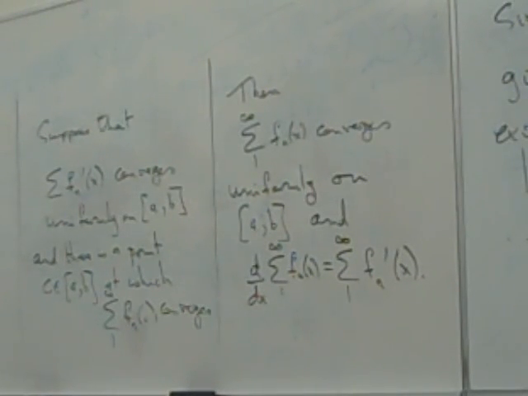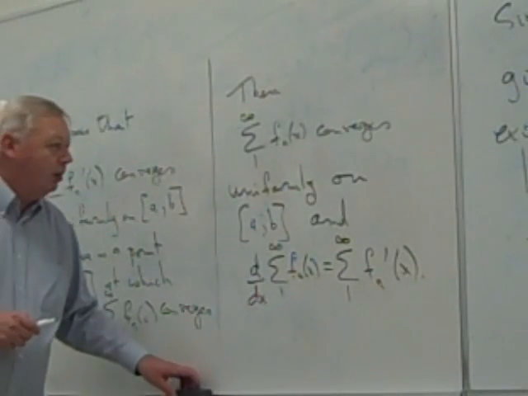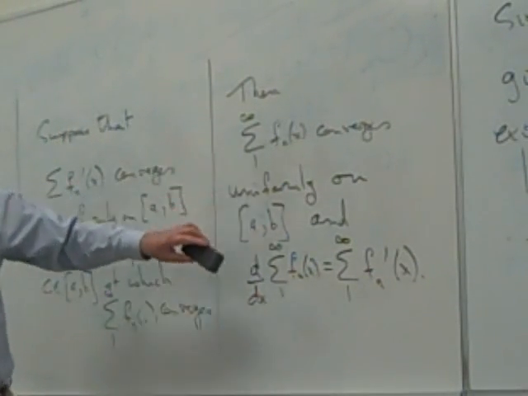So if you think of just ordinary calculus, you never saw a theorem that said if you have an infinite sum, then the derivative of the sum is the sum of the derivatives. And in general, it won't be true. Differentiation does not pass through some infinite sums easily, but this is a setting where it does. So it's the best of all possible worlds. It's exactly what you would hope for.